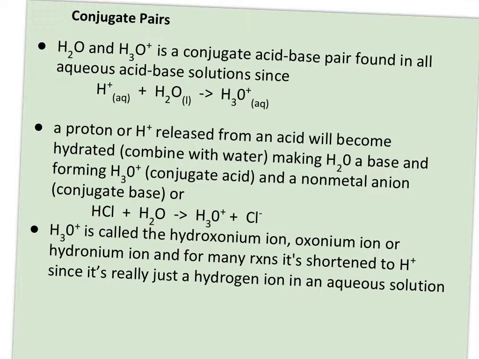So it can be a hydrogen acceptor, and that would make it H3O plus. So anytime a proton released from an acid ends up hydrated or combining with H2O, you will have some H3O plus ions in there. And so we could talk about them also being conjugate acids and bases.